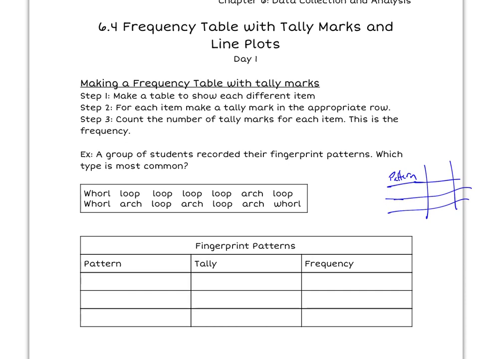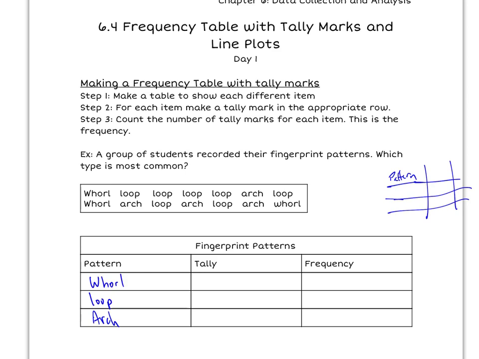We've got a whirl, a loop, and an arch. Now, does it matter if you have whirl, loop, or arch in that order? If you went loop, whirl, arch, that's okay. As long as when you record with it, you're recording the right things.